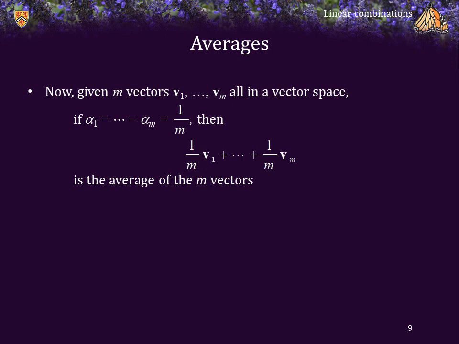Now, given m vectors v1 through vm all in a given vector space, if all of the alpha sub k's are the same value, specifically 1 over m, then this specific linear combination of these vectors is simply the average of these m vectors.